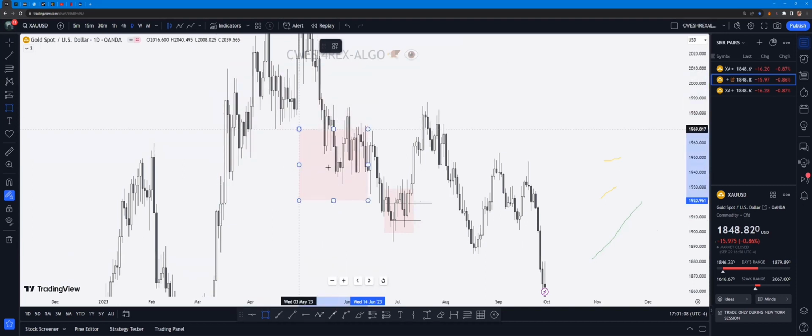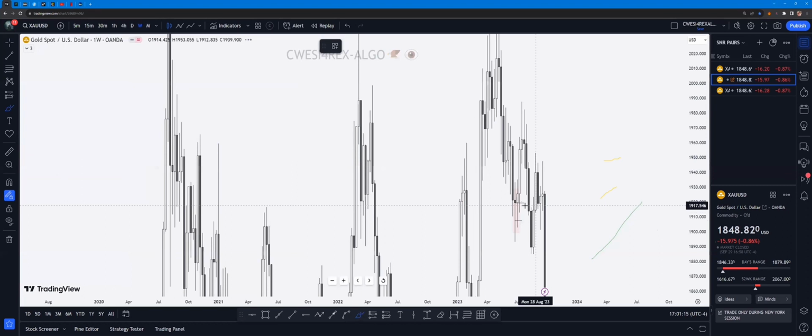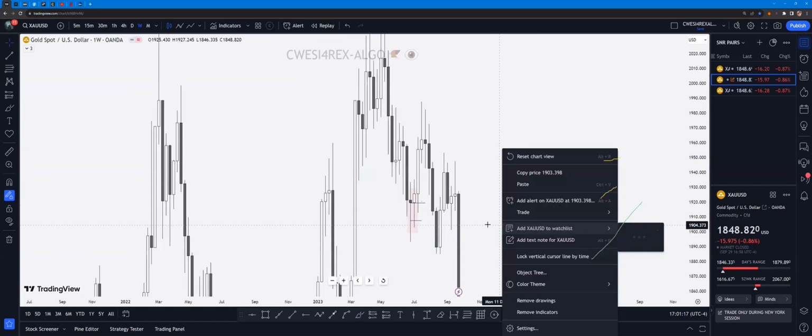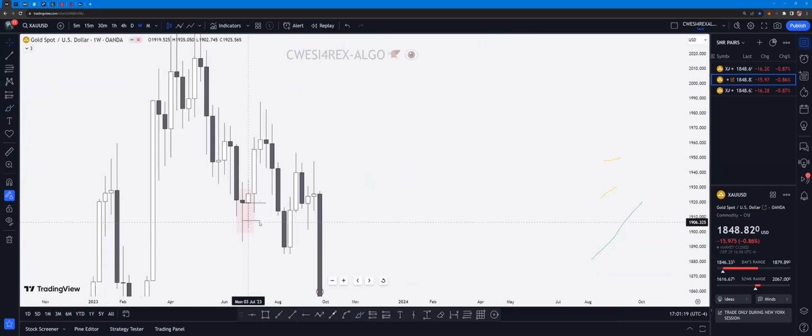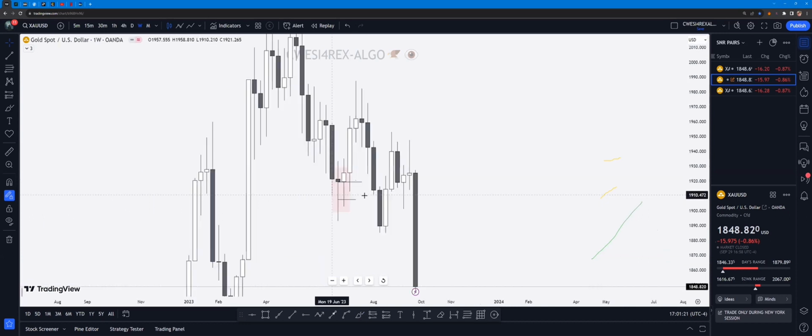You understand? In this example, we had this weekly rejection over here, and the daily is somewhere here. We were already on a daily bullish storyline, and the weekly over here is just a pullback to mitigate this, right?